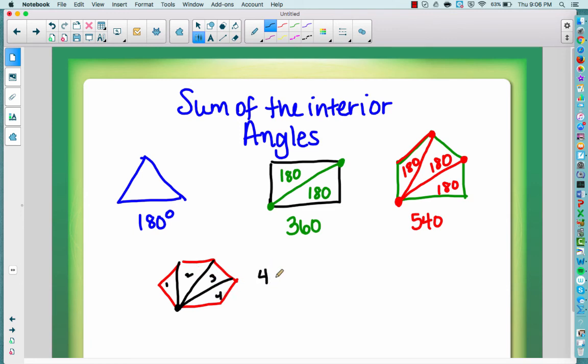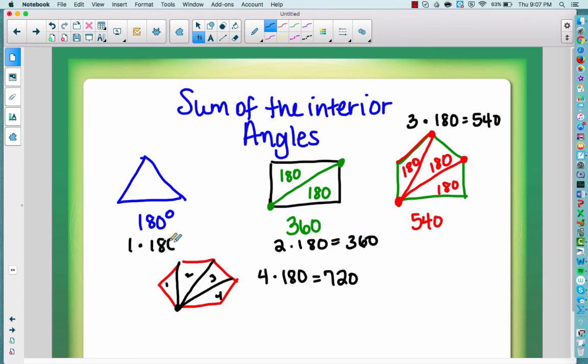So 4 times 180 degrees gives me 720. Okay, and this one I did 3 times 180 degrees, and it gave me 540. And this one I did 2 times 180 degrees, and it gave me 360. And this one I did 1 times 180 degrees, and it gave me 180.